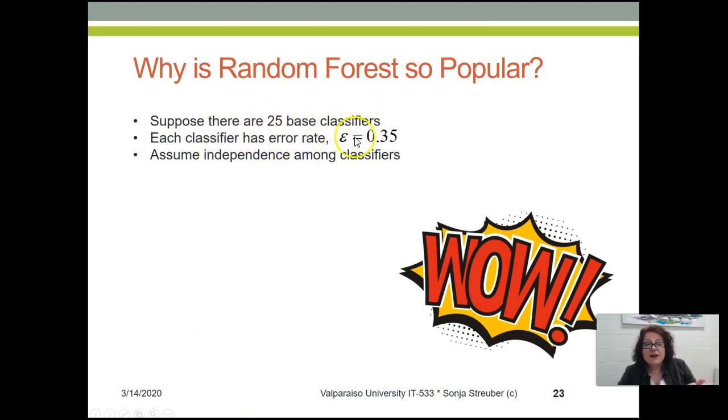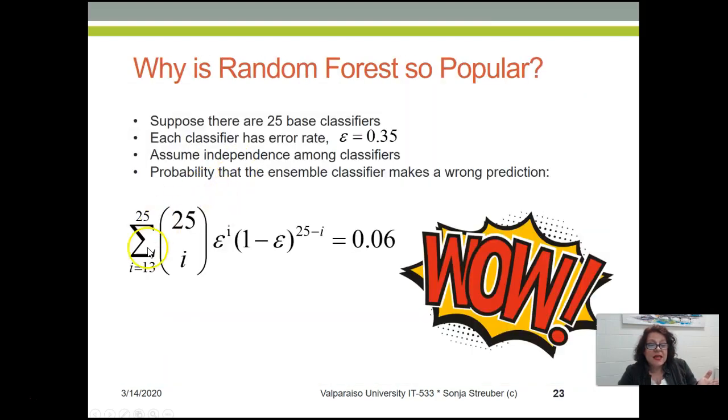If each classifier has an error rate of 0.35, and we assume that all these little trees are independent from one another, then the overall error rate for our 25 base classifiers is going to be reduced from 0.35 to 0.06. And this huge improvement is why random forest is so incredibly popular.